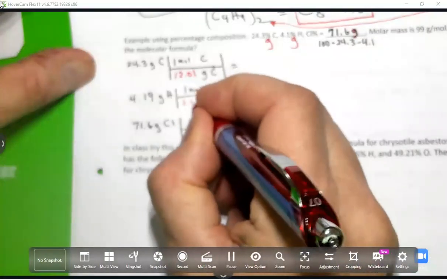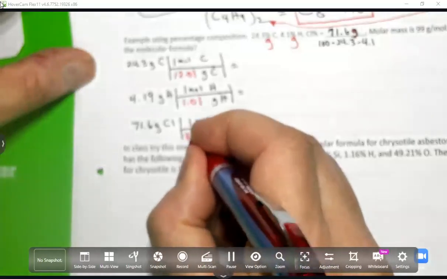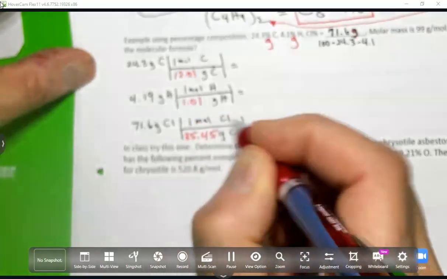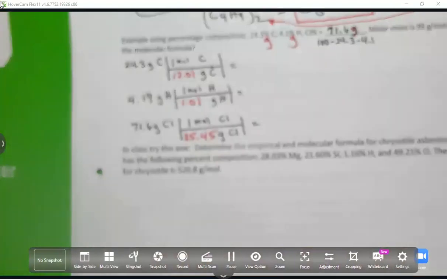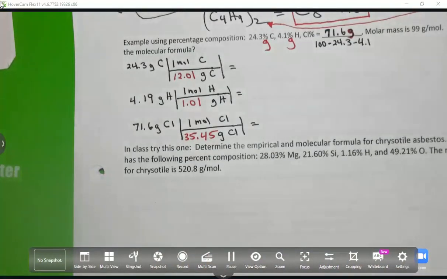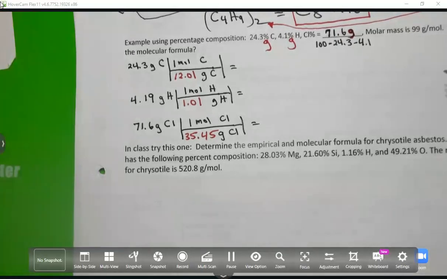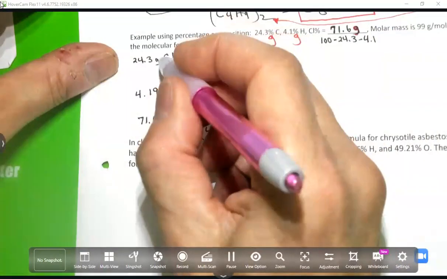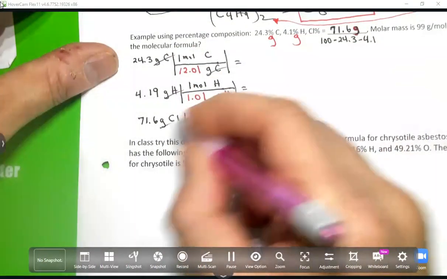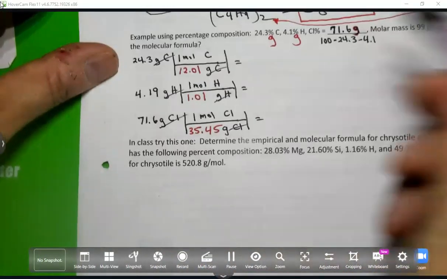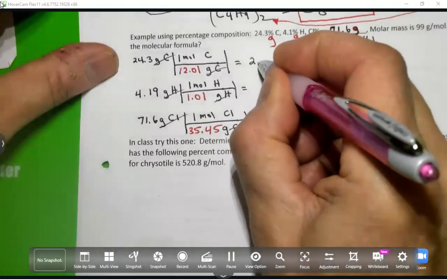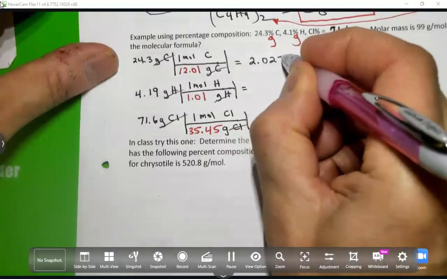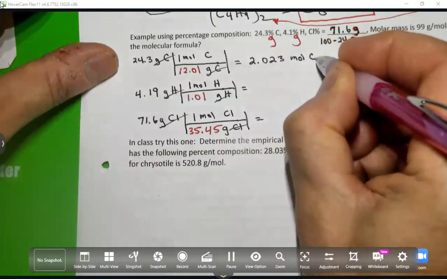Grams cross out, of course. We're always canceling units. We get 2.023 mole of carbon.